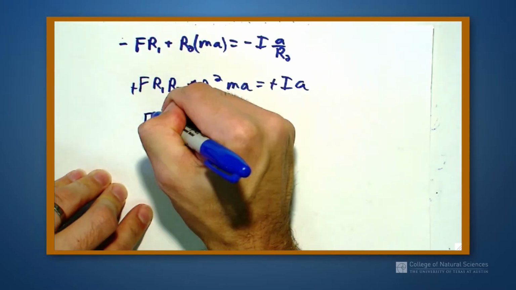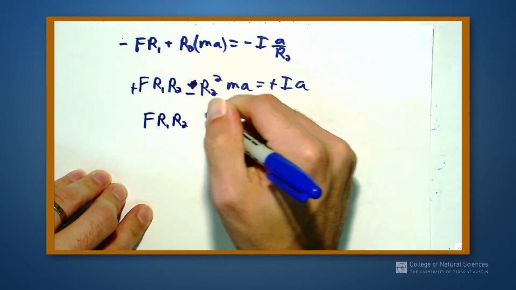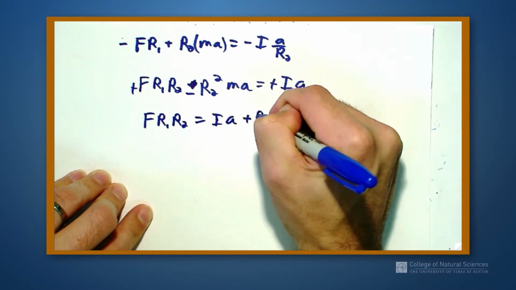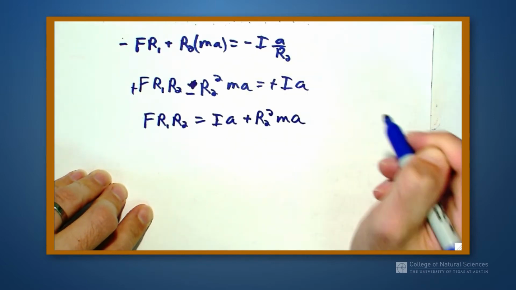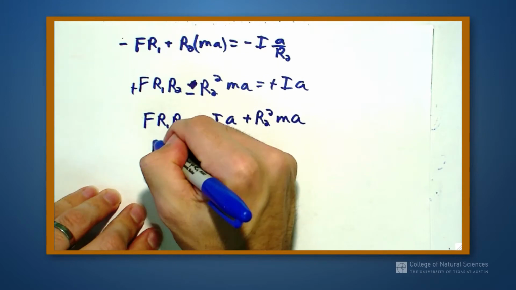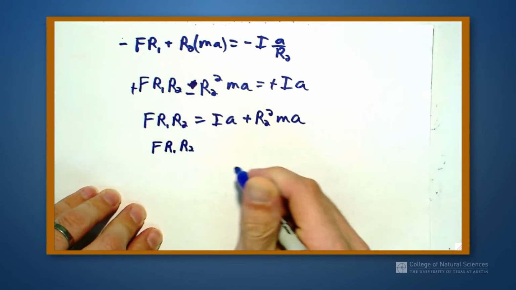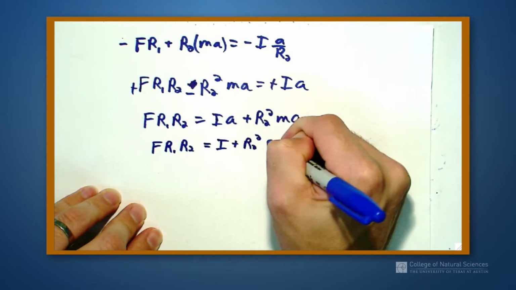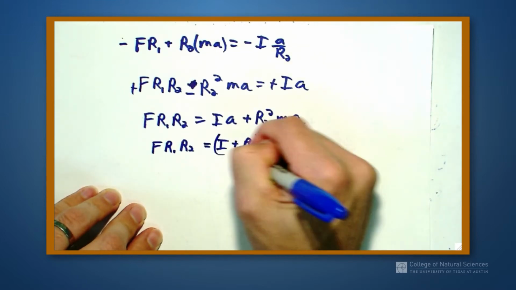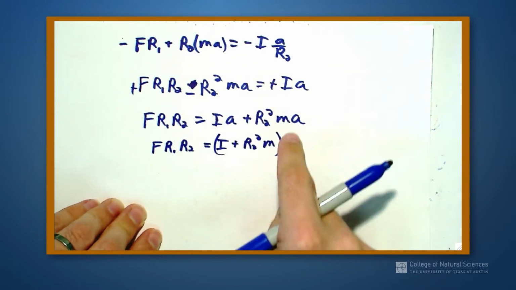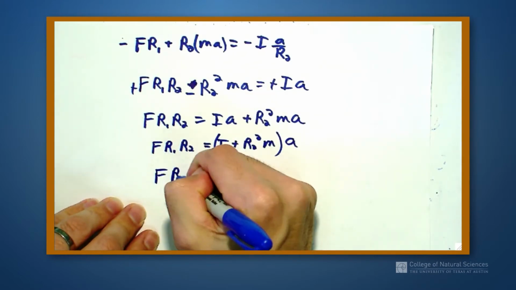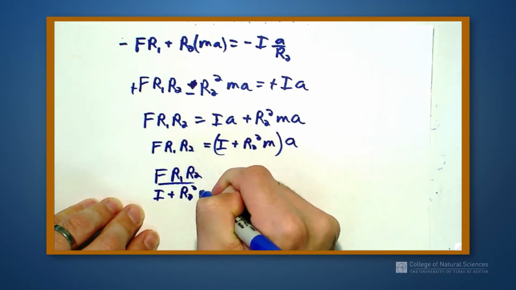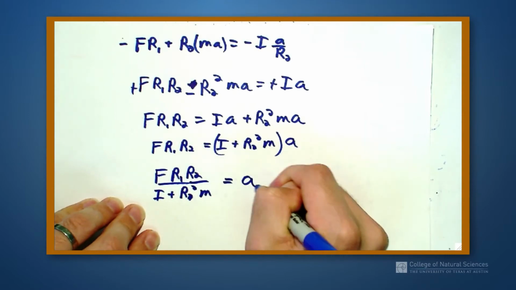So I have FR1 R2 is equal to IA plus R2 squared MA. So FR1 R2 is equal to I plus R2 squared M multiplied by A. Factoring the value out, FR1 R2 over I plus R2 squared M is equal to A.